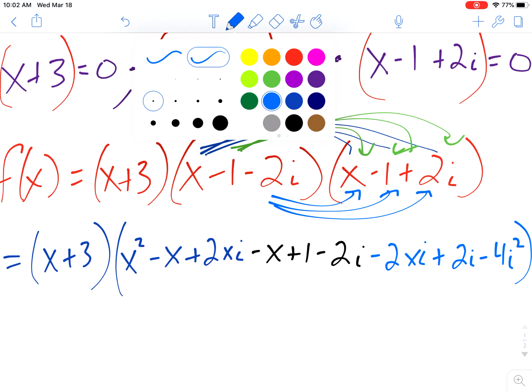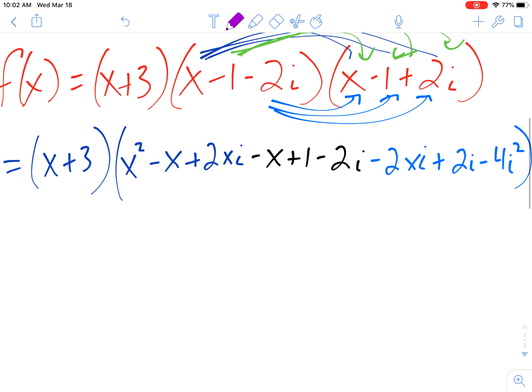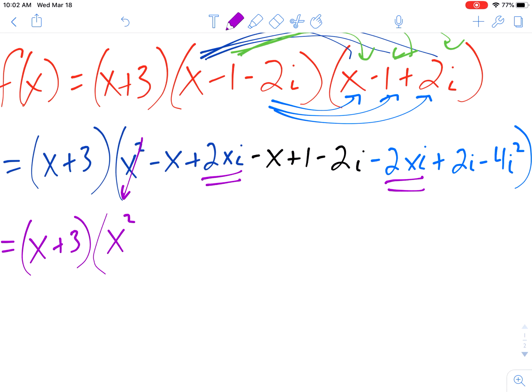All right, now, if we do this properly, all of your i values should disappear. There is no like term for x squared, so that stays out of it. We'll just bring that down. What you'll notice here is this thing and that thing cancel off. Those add up to 0.